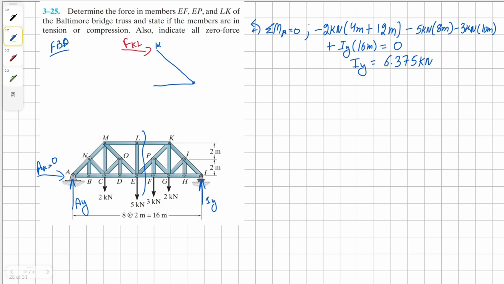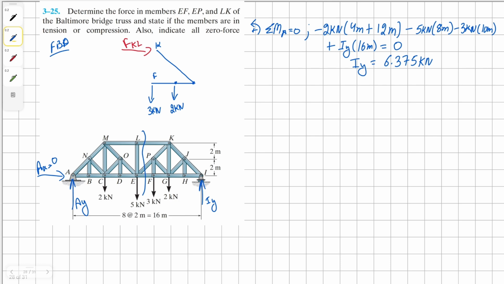Then we're going to have our members till F, and at F we have external reaction force of 3 kilonewton, and we have another one at G of 2 kilonewton.